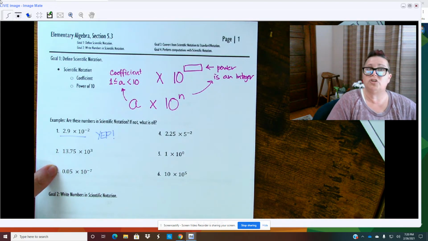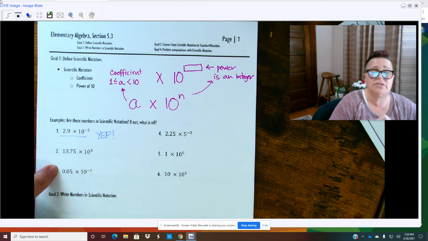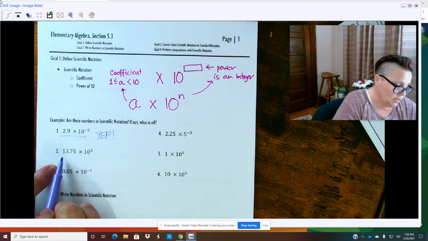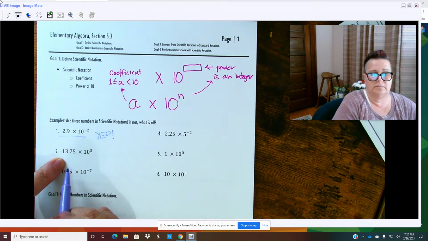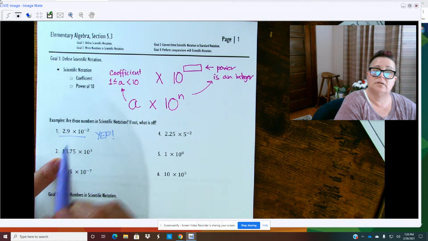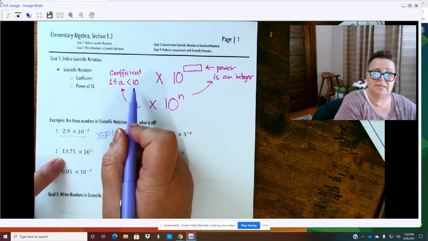What about problem number 2? Problem number 2 is 13.75 times 10 to the third. Looking at your coefficient, that's the number in front, is that between 1 and 10? It's 13.75. That is not between 1 and 10. That is bigger than 10.